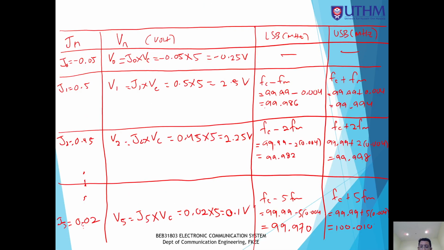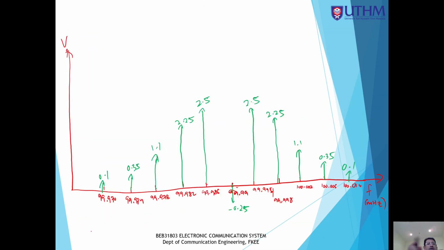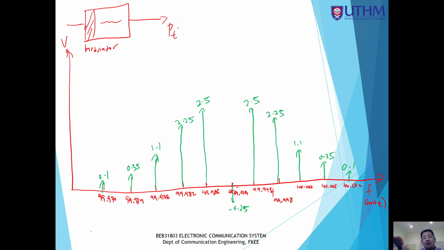A part of the transmitter is the modulator, and the rest would be the other components. Together these produce the total power. So this is actually the transmitter.